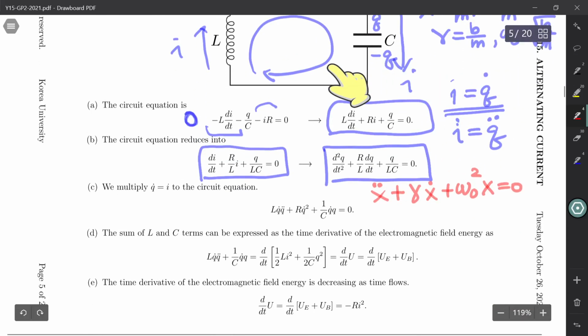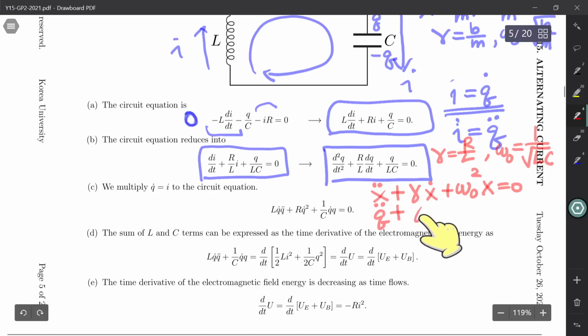So in a similar manner, we define gamma to be R over L, omega 0 equals 1 over square root of LC, then Q double dot plus gamma Q dot plus omega 0 squared Q equals 0.